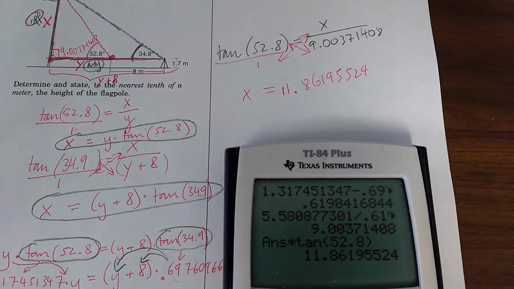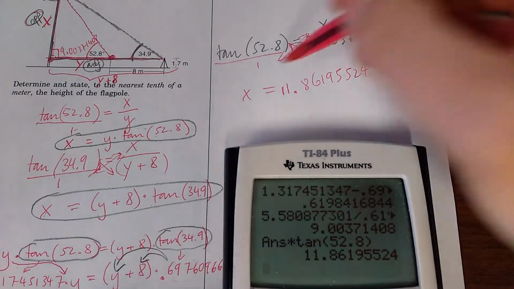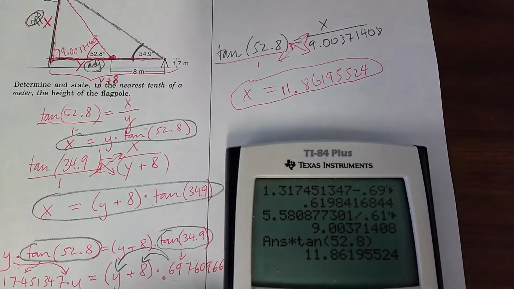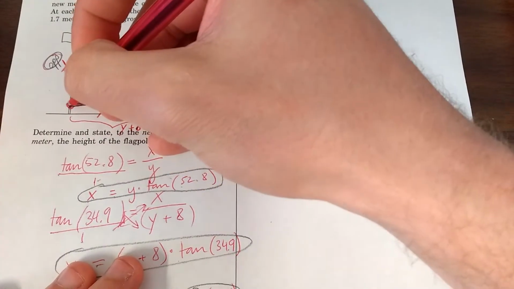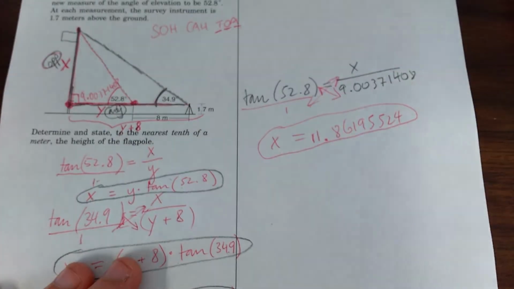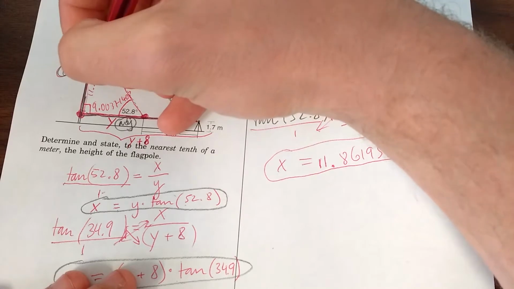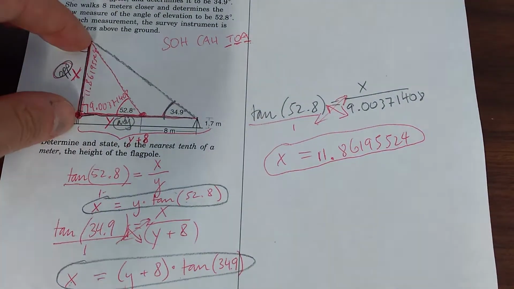Okay, so it's very tempting to put your pencil down and be done with this question because it seems like we got our answer. But we didn't really get the answer because x represents that distance from here to here. So that distance is 11. Okay, so that's that distance over here.